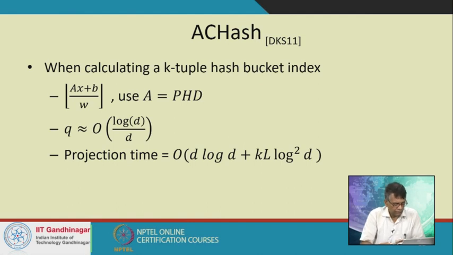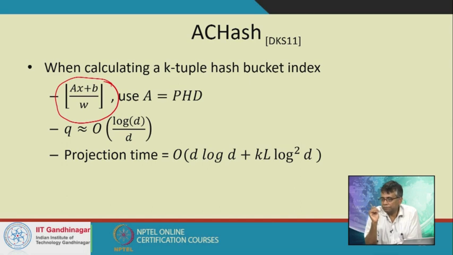This comes from a paper of ours, Dasgupta, Kumar, Sarlos, called the AC hash, named after Ailon and Chazelle. Our original LSH was essentially calculating AX plus B and then quantizing each of the dimensions using these intervals of size w, where A was a Gaussian matrix.